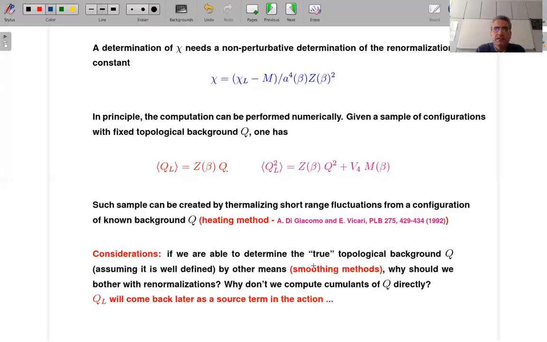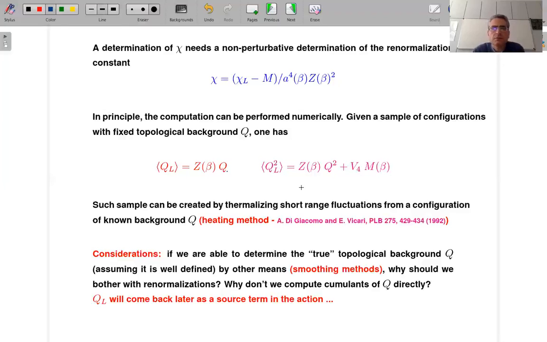So the question is, if you have this other method, why should you bother with renormalizations? Why don't you just compute the cumulants of this well-defined topological charge directly? This is the reason why this method, which is based on the renormalization of a gluonic definition, has been used in the past.